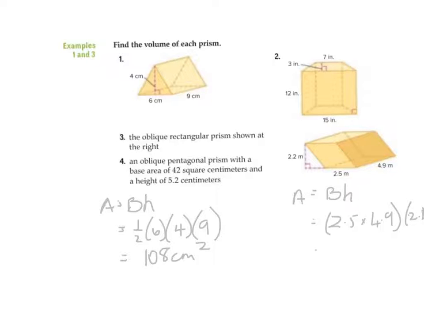If you put all that into your calculator, because they're all multiplying anyway, you finish up with 218.4. And again, units, meters cubed.